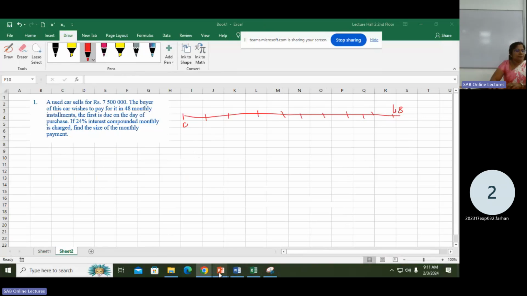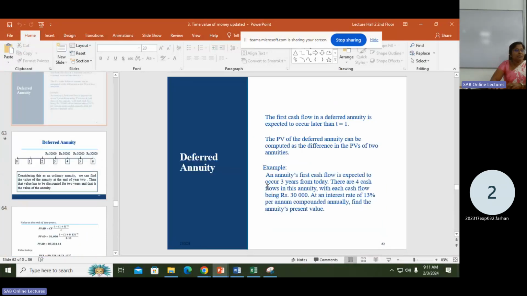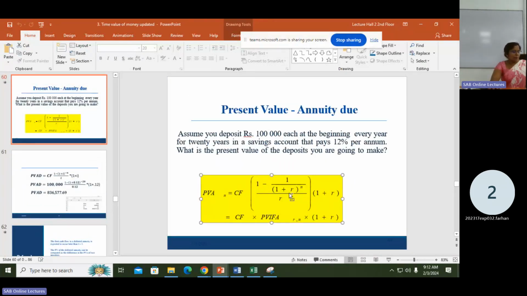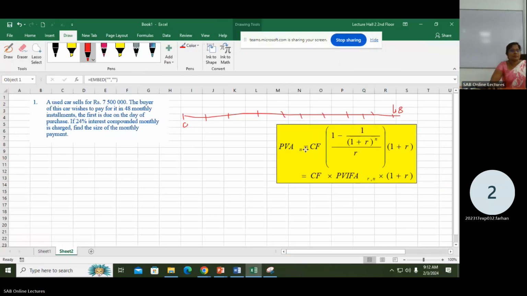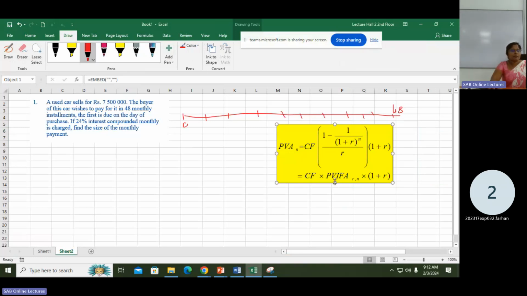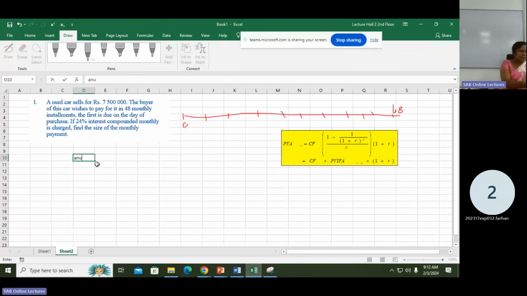How much is the installment? You remember when there is a due annuity, you have to just fit our formula. So this is the formula, if there is a due. Apply this and calculate the monthly installment. The annual interest rate is 24%. So monthly it is 24% divided by 12, that is 2%.